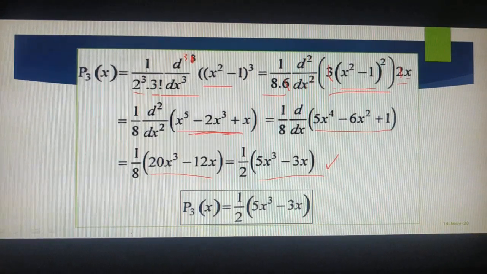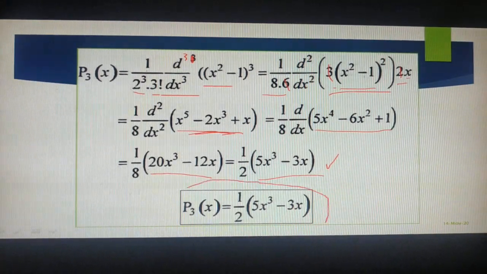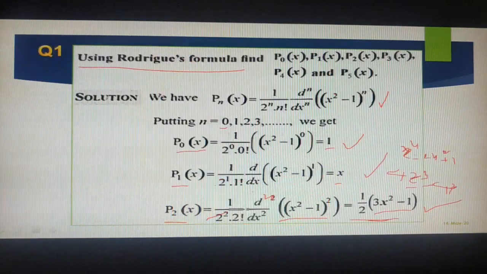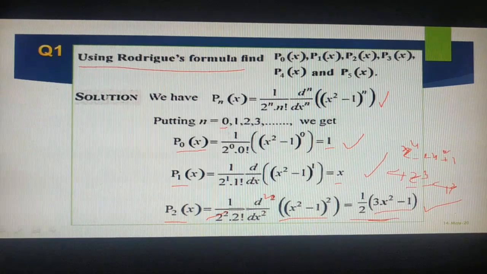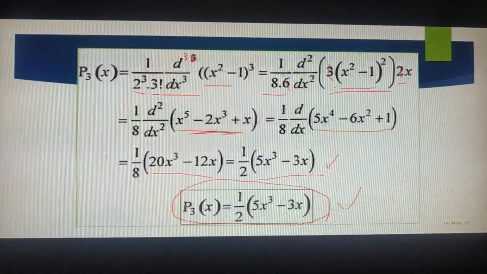Right. So again, by using your Rodrigues formula, we got this P3 of x. This is very, very important. We have to remember P1 of x starting from P0 of x. What is the value of P0 of x? P0 of x value is 1. P1 of x value is x. P2 of x is 1 by 2 3x square minus 1.